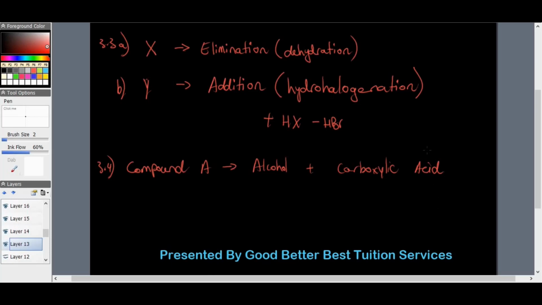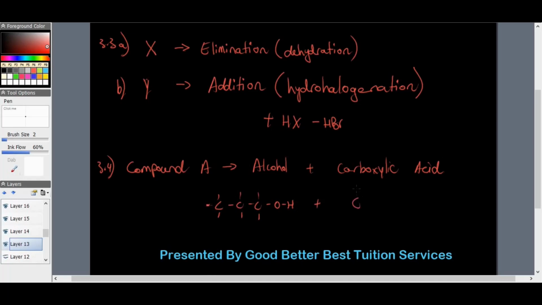Now we know how the alcohol looks as well as the carboxylic acid, and all we want now is the structural formula for what happens. So I'm going to draw the reactants first. The alcohol was CH3, CH2, CH2OH. I'm going to omit these hydrogens just for now.